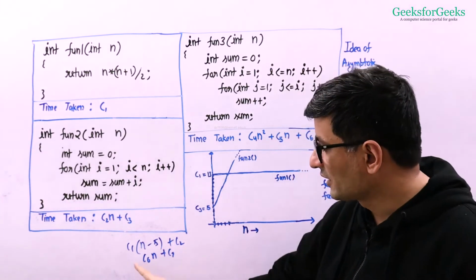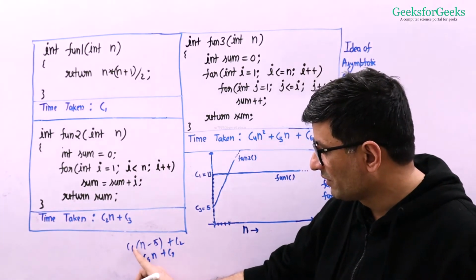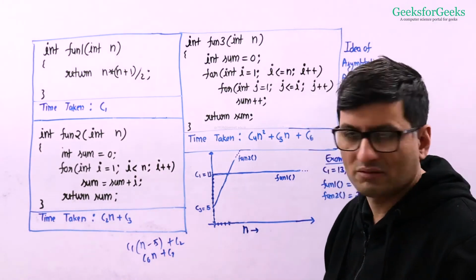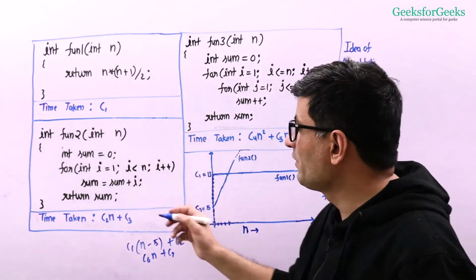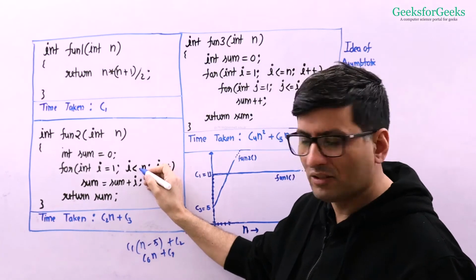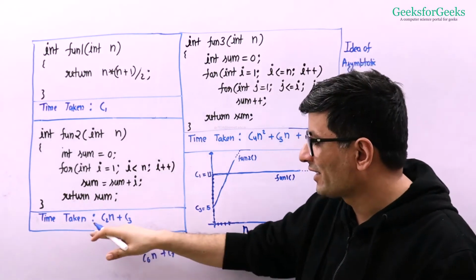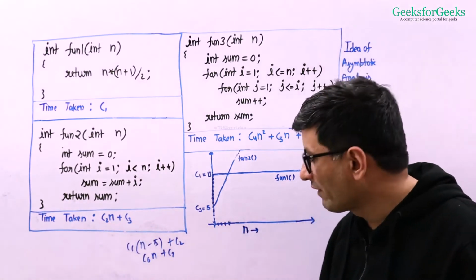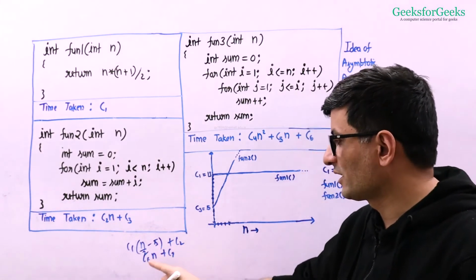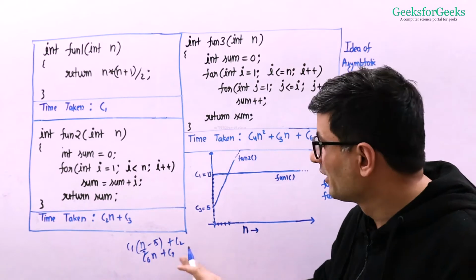Now C6 is same as C1 and C7 is C2 minus 5C1. So even if you have a less than sign or you have n by 2, n by 3, it can all be written as C2n plus C3. If you have n by 2 or n by 3, then your C6 becomes C1 by 2.